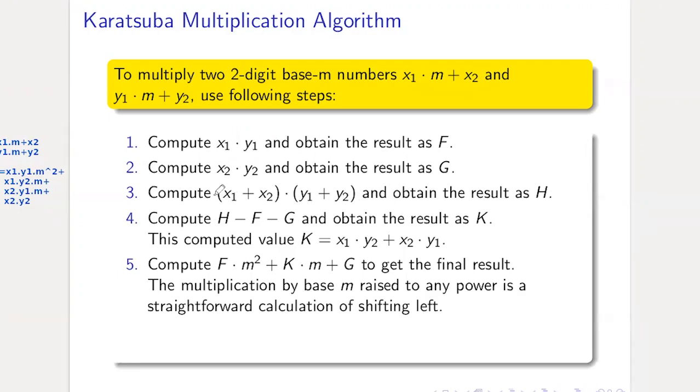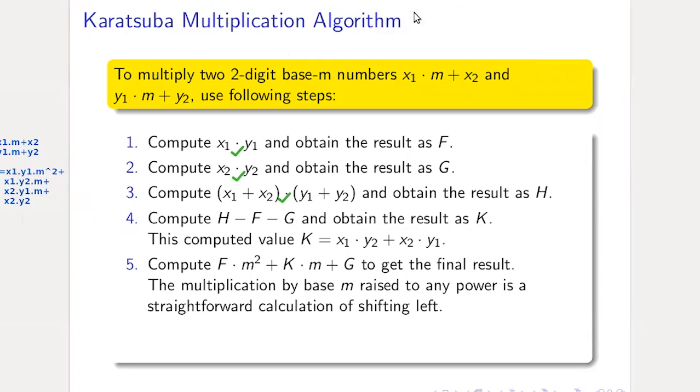Mind you, the additions are not expensive operations. Then you have the multiplications: multiplication 1, 2, and 3, whereas here you have 1, 2, 3, 4. We have only done 3 multiplications here.